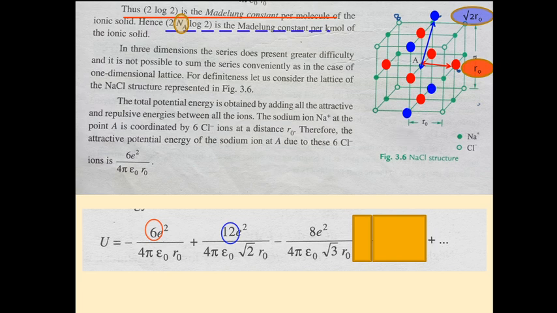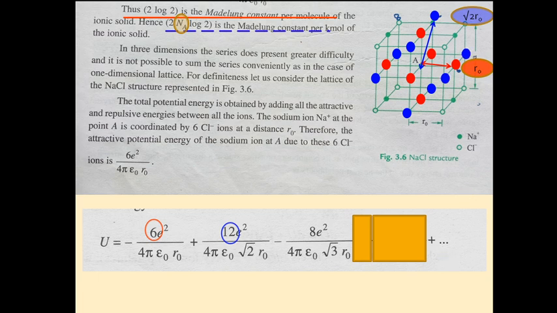This is one plane passing through the atom A in a vertical fashion, at a distance root 2 R0. If I take another plane horizontal to the present plane, then I have another 4 positions, number 1, 2, 3, 4.